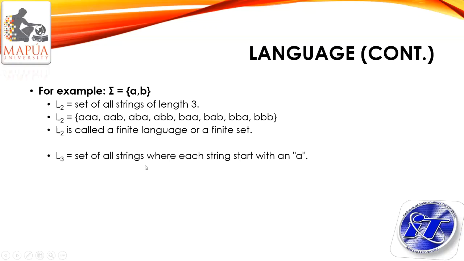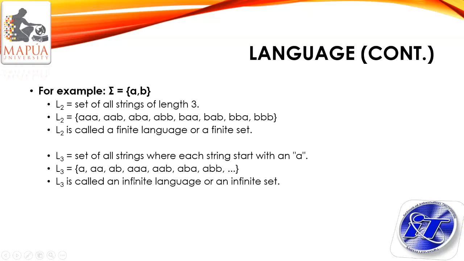Language 3: the set of all strings where each string starts with an A. How about the length? You don't have a specific length. So it could have 1 A, 2 As, etc. We cannot count the number of strings based on this rule. Therefore, this is an infinite set or infinite language since the length is not defined.